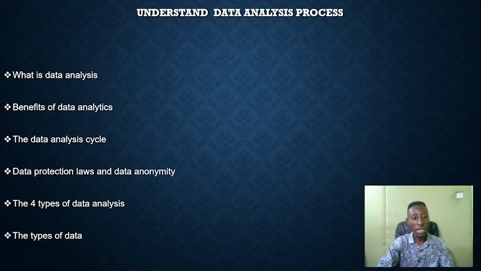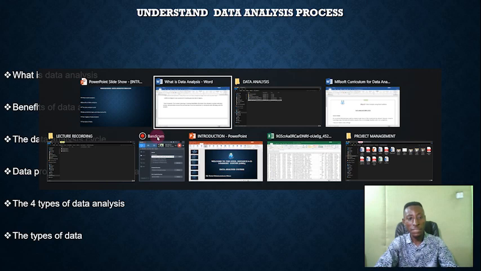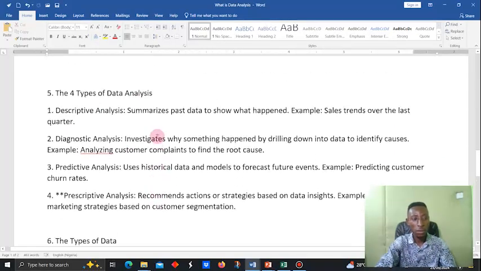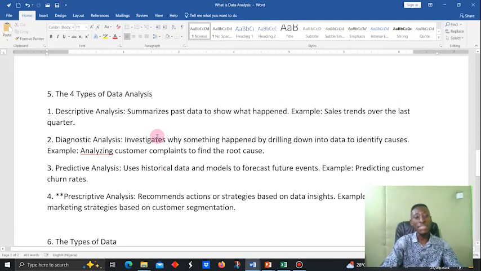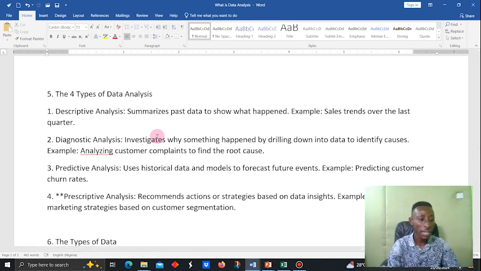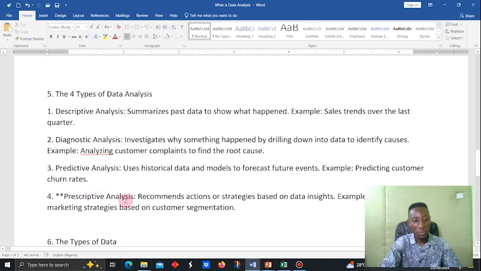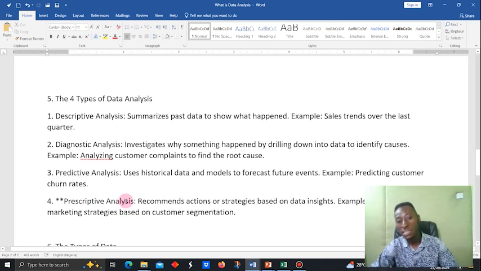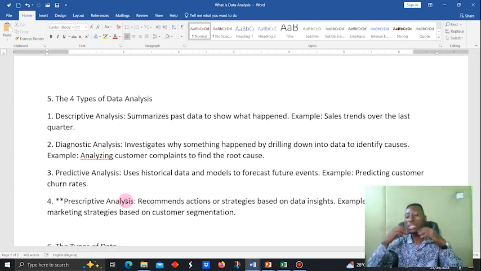Then the next thing we want to look at is types of data. Okay, now there are four basic types of data. We have the descriptive, the diagnostic analysis, we have the predictive, and we have the prescriptive analysis. Now, the descriptive analysis summarizes past data to show what happened in the past.